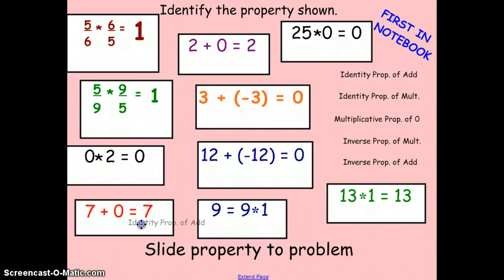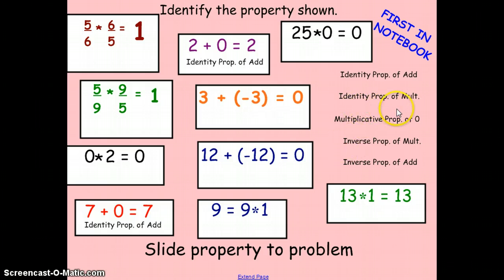And here is an addition sign down here. So I think that would work there. All right. Here I have 25 times 0 equals 0. Okay, so that's not going to be an identity property of addition. Oh, okay, there's one. 2 plus 0 equals 2. So 2 is keeping its identity.